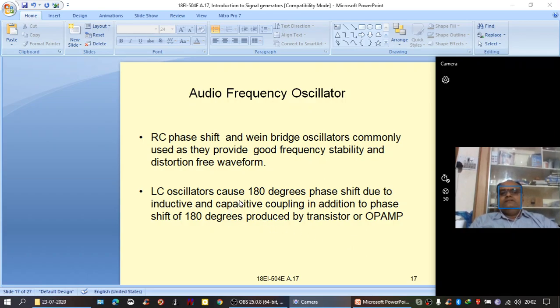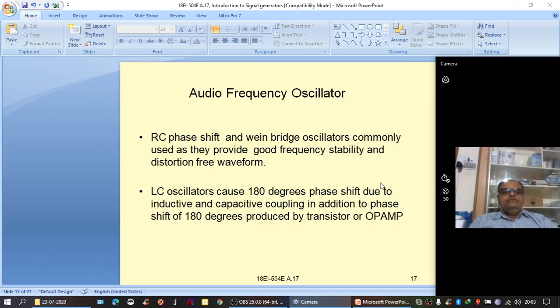In LC oscillators, the oscillator provides 180 degrees phase shift due to inductive and capacitive coupling, in addition to phase shift of 180 degrees produced by transistor or op amp. Actually, for any oscillator, the basic condition is to satisfy Barkhausen criteria. What Barkhausen criteria states is an oscillator is a positive feedback circuit and it produces a loop.